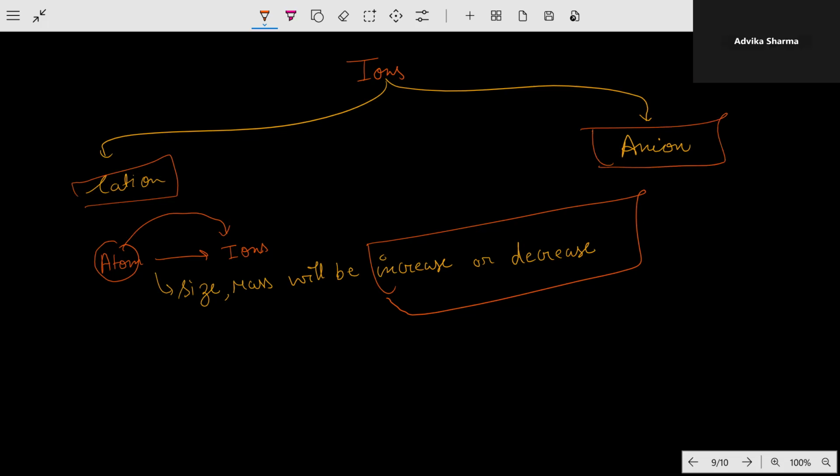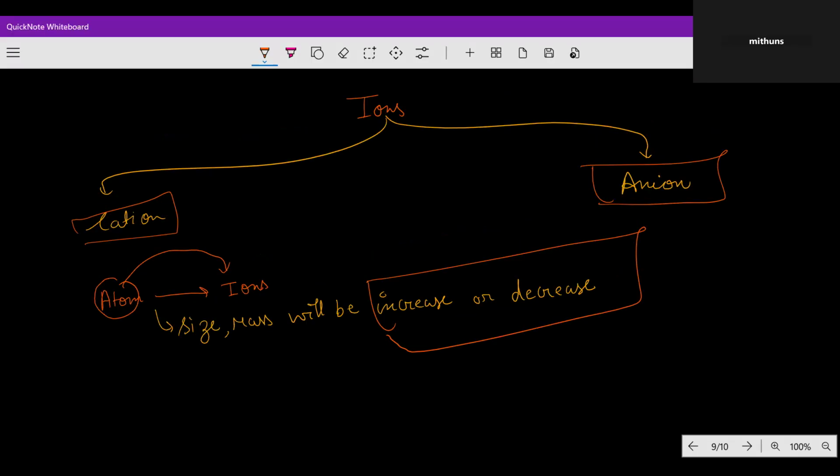If it is a cation, then the mass will decrease, and if it is an anion, then the mass will increase because there are more electrons. What about size? Size will also increase. Cations are smaller in size and anions are larger in size, right? Always.